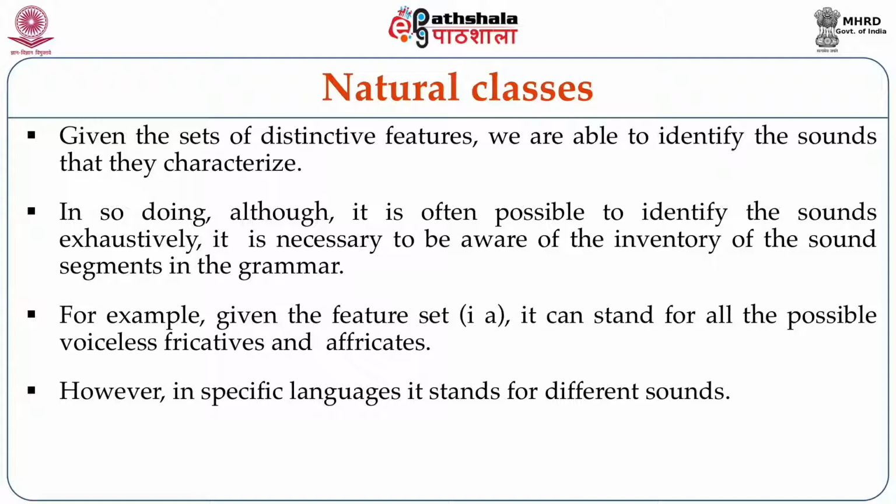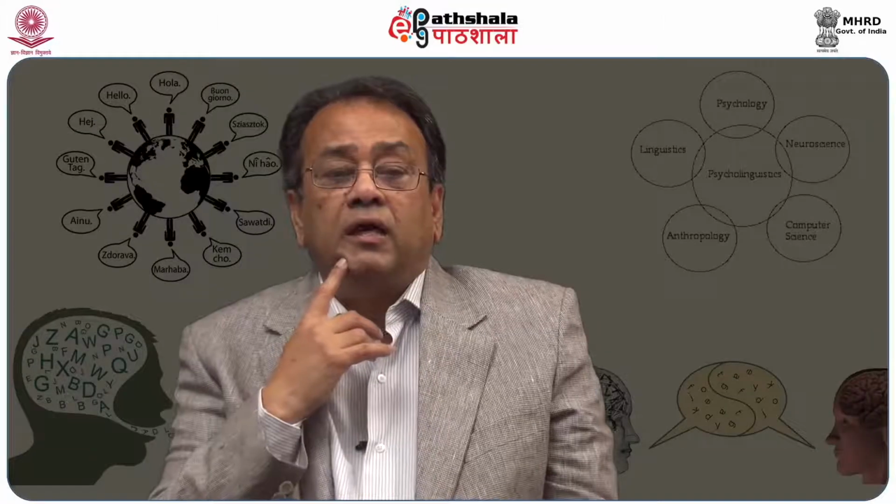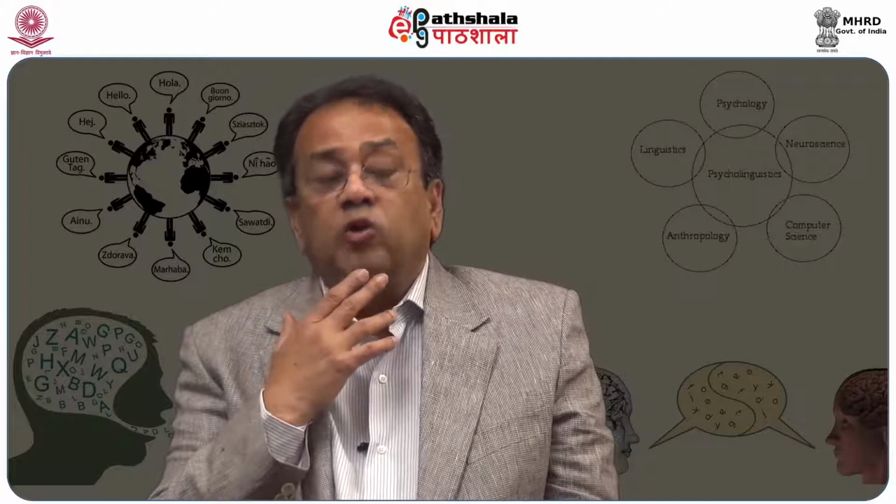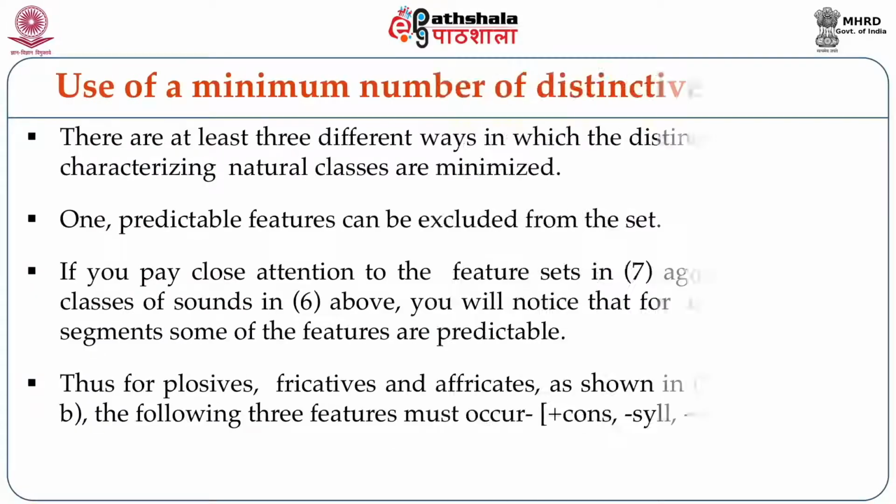Now, one way in which the description of natural classes in grammars can be made briefer, following the general practice in generative phonology, is to see if some of these features are always predictable in grammars.